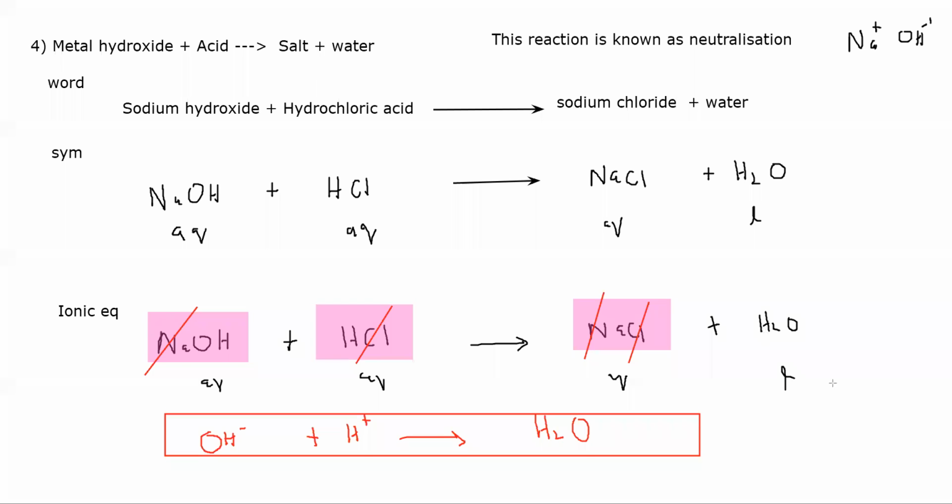So another example, if we have potassium hydroxide reacted with sulfuric acid, because of shortage of time, I'm just completing the equation. It will give potassium sulfate, a salt, plus water, H2O. Here, take the screenshot.